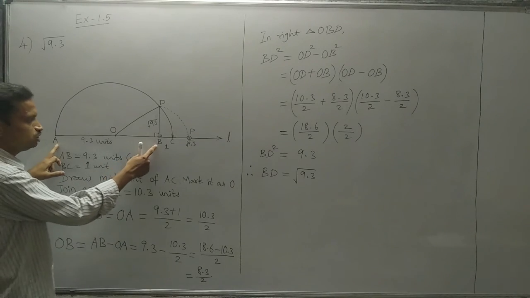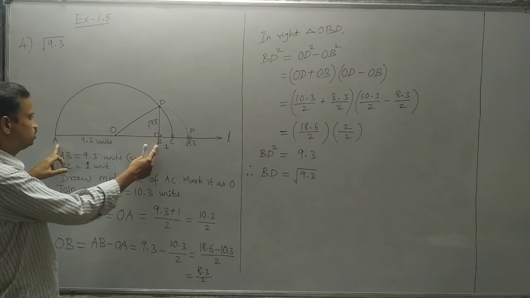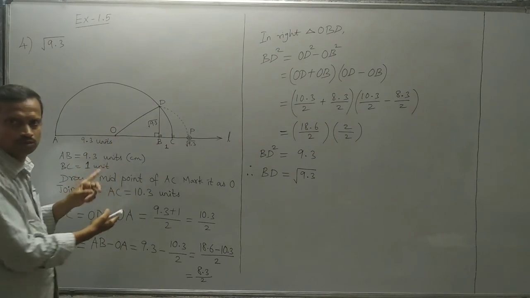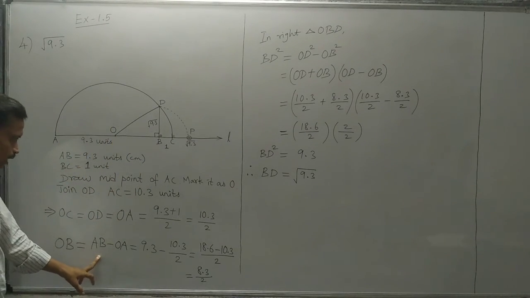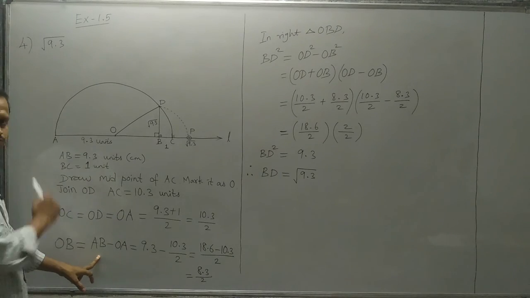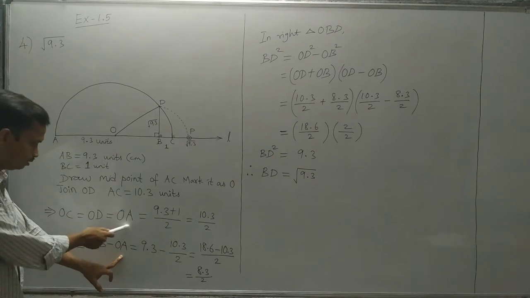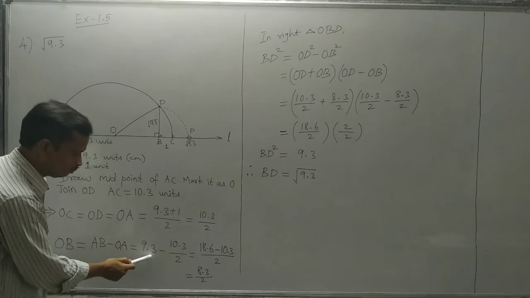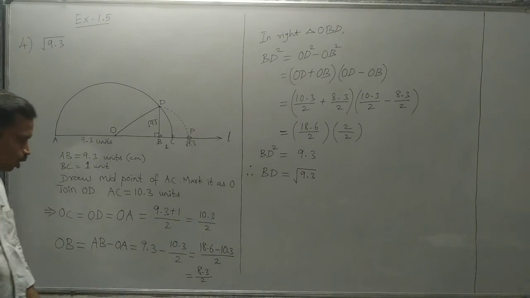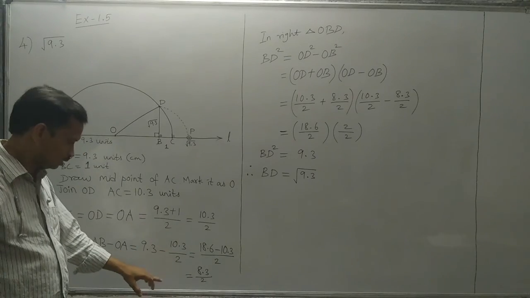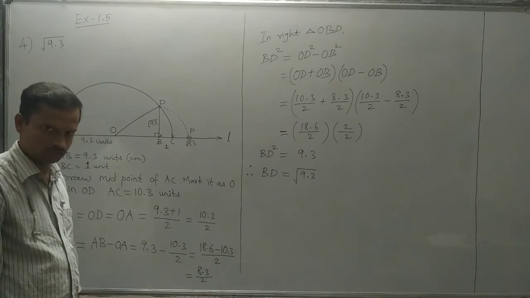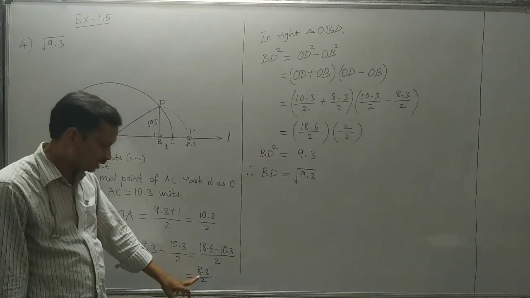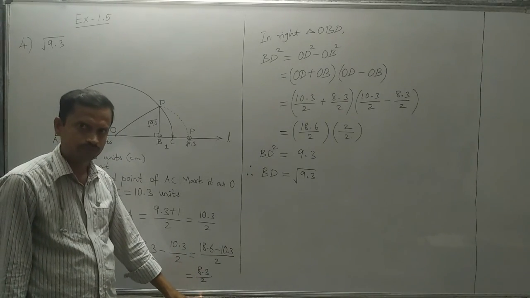This is AB, and if we subtract OA from AB, you get OB. Clear? So what is AB? 9.3, we already have. And what is OA here? All are equal to 10.3 by 2. So 9.3 minus 10.3 by 2, you have to take the LCM. So it becomes 18.6 minus 10.3 whole divided by 2, and you get 8.3 by 2.